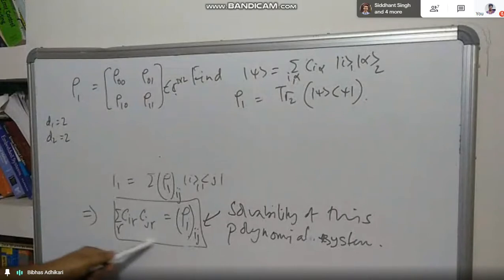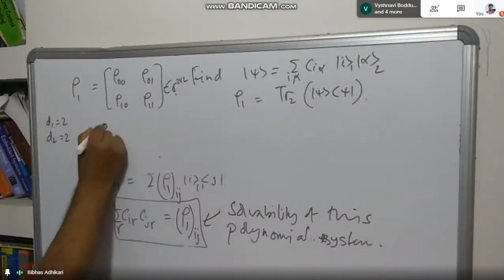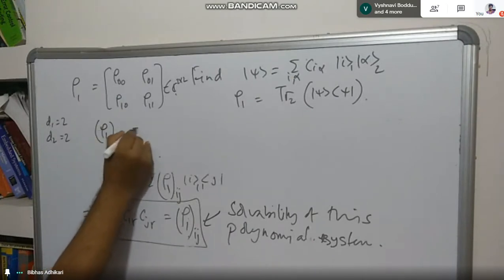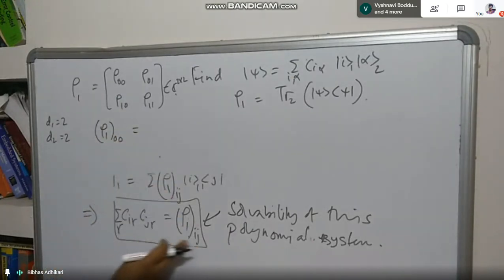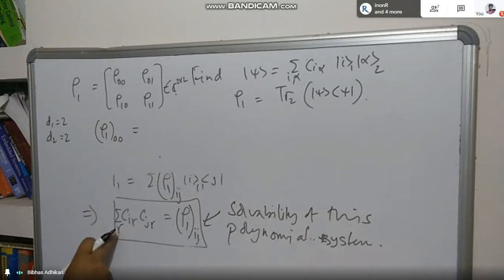So if I just write it down, what is my system of equations? What is my rho 1, 0, 0? That means I equal to 0, j equal to 0, and this gamma could be 0 and 1.